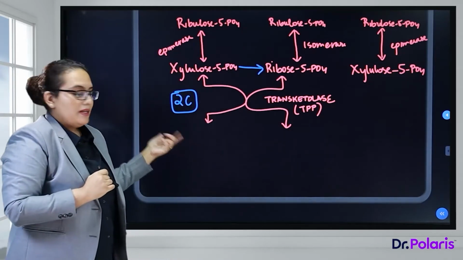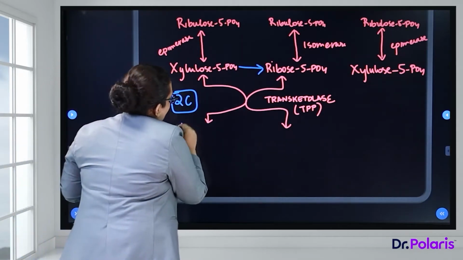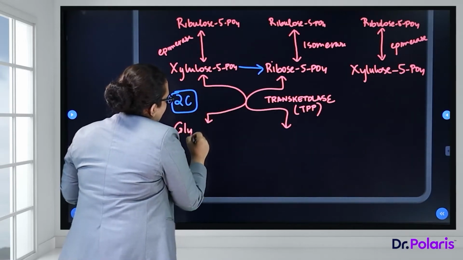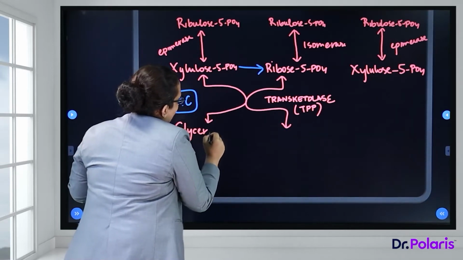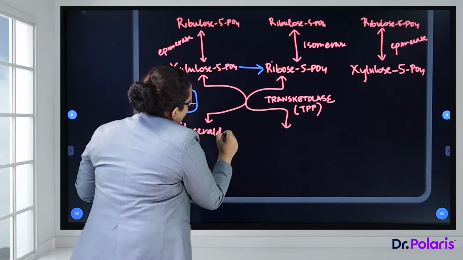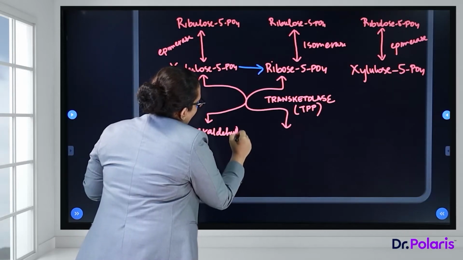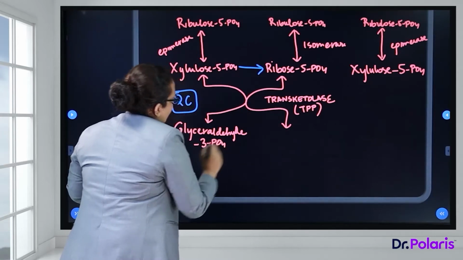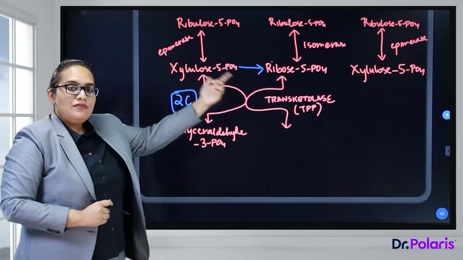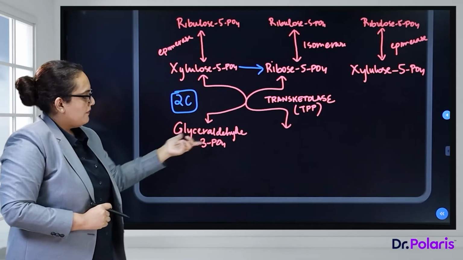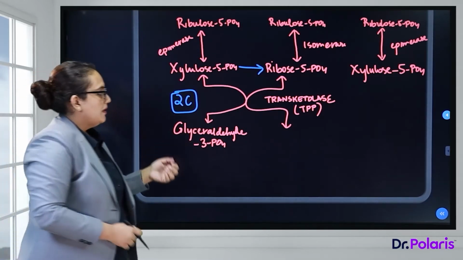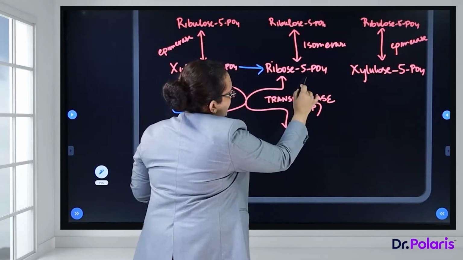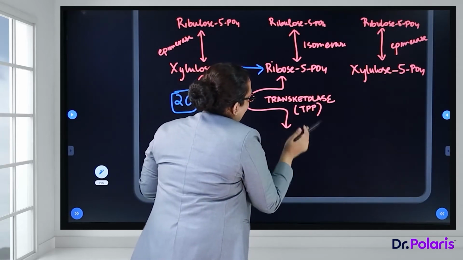So in the next step, with the removal of 2 carbon atoms here, we get an aldotriose known as glyceraldehyde 3-phosphate. The keto group would have been shifted to ribose 5-phosphate. That's why we are left behind with an aldose sugar. And on the other hand, we get a 2-carbon atom which gets attached here to ribose 5-phosphate.